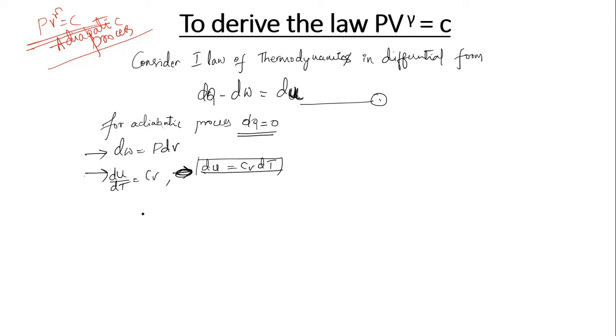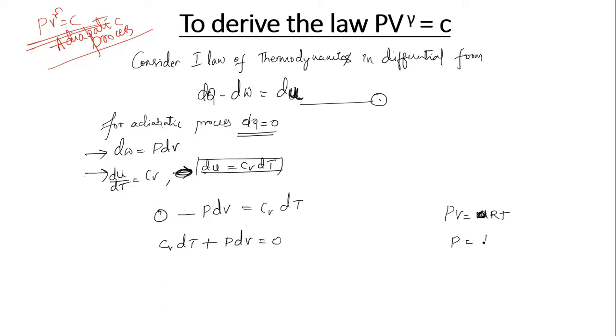What happens to equation 1? dq is 0, minus dw, that is pdv, and du is Cv dT. Therefore, if I rearrange the terms, Cv dT plus pdV is equal to 0. And also from the perfect gas law, PV is equal to mRT, and we considered 1 kg.